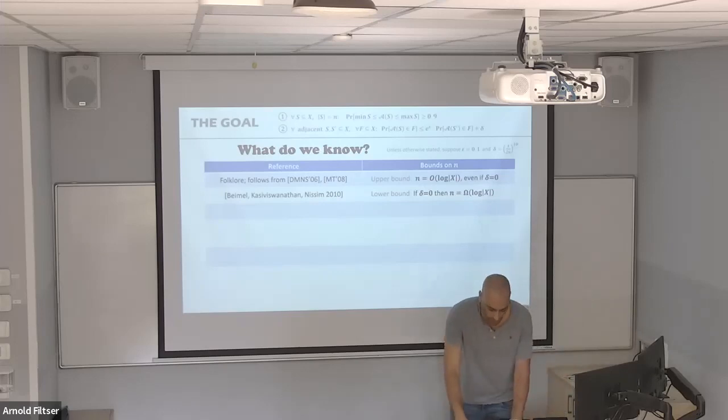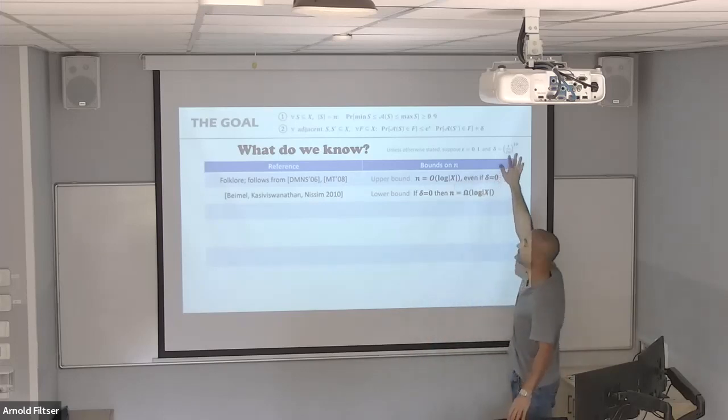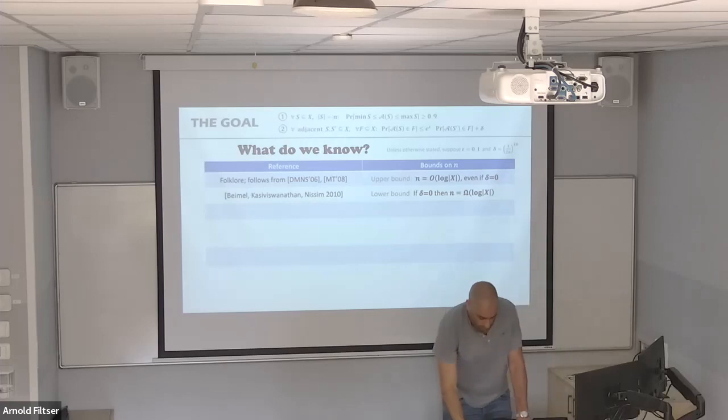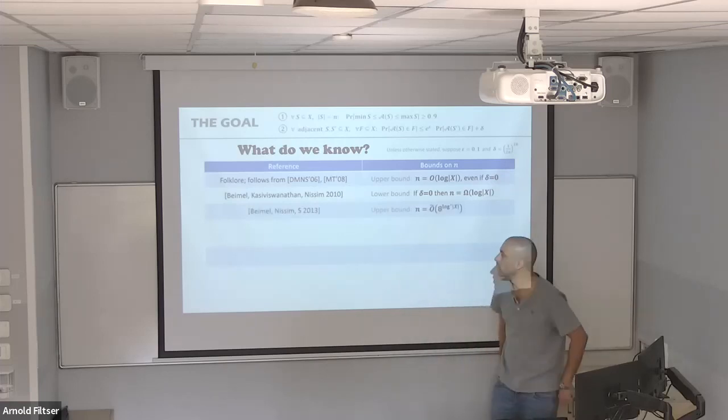Okay, so what happens when delta is not 0? Let's say polynomially small.